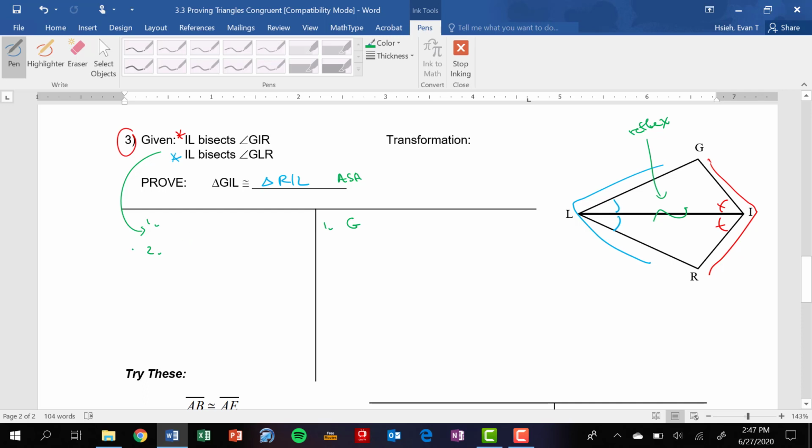Because they're bisected, I know that angle GLI is congruent to angle RLI, and I also know that angle GIL is congruent to angle RIL. If I have an angle bisector, then I end up with dividing into two congruent angles.